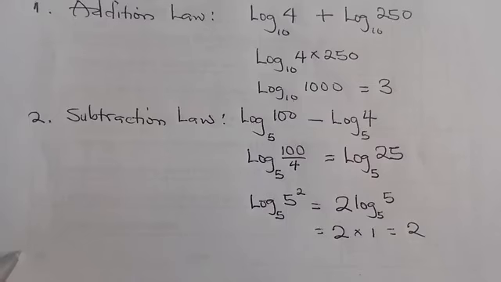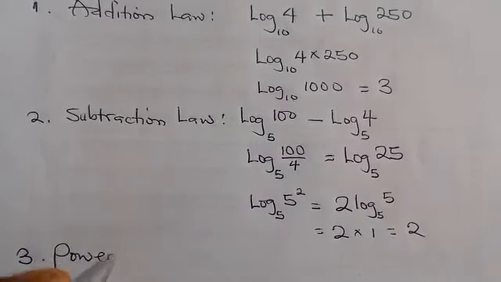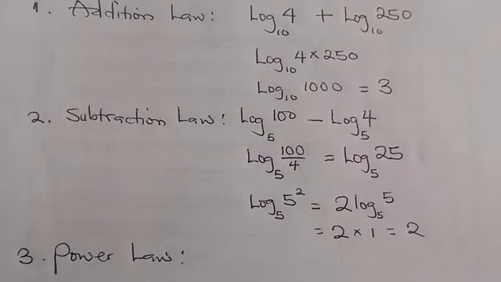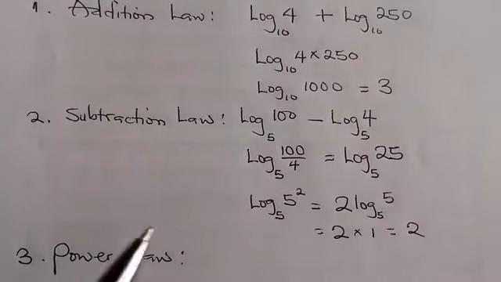The third law is the power law. We have the power law. And what does this law emphasize? When a logarithm is raised to a certain power, the power is used to multiply the logarithm itself. That is what we did here a while ago.